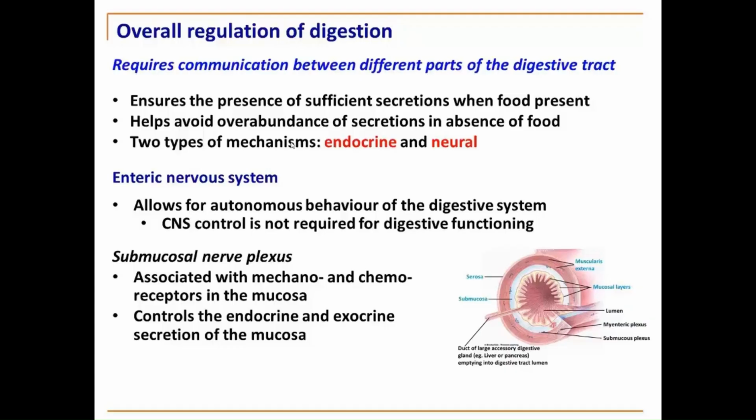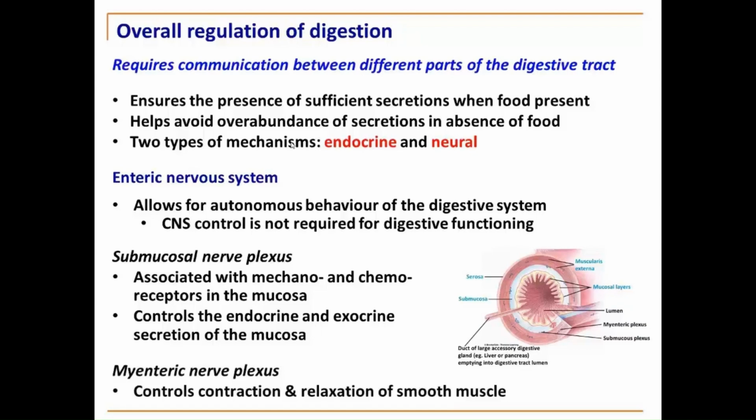And therefore the submucosal nerve plexus, because it's associated with those pressure receptors and those chemical receptors, receives those signals of what's coming in and helps to control the hormonal and the exocrine secretion from the mucosa. Remember, the exocrine is things like your bicarbonate and your enzymes.